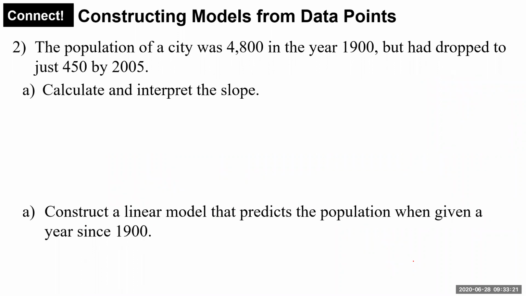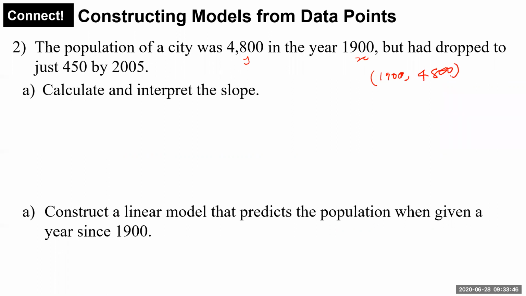Now, the population of a city was 4,800 in 1900. So we have to put this in coordinate form. You have to put this in your x and y form. So this is your x and that is your y. So you have 1900, and then you have 4,800, right?